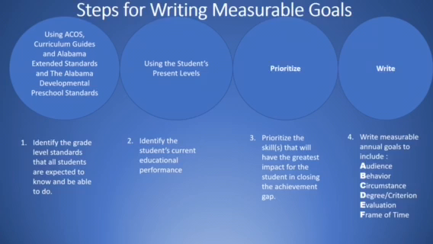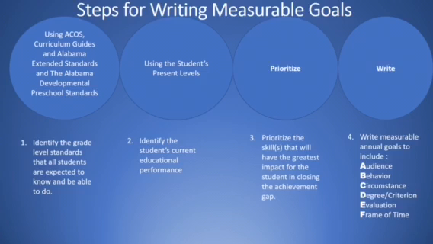Using these, especially the curriculum guide, we can look at what the standards are for the grade level the child will be entering, and then look at what prerequisite skills are required that the student may not yet have mastered that is preventing them from achieving that grade level standard.